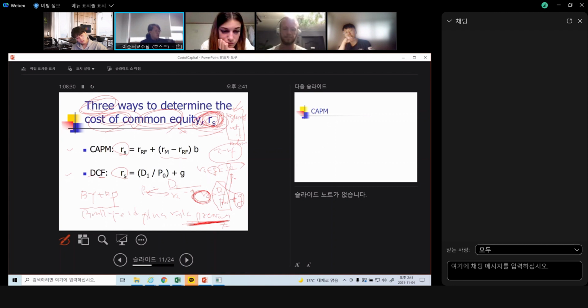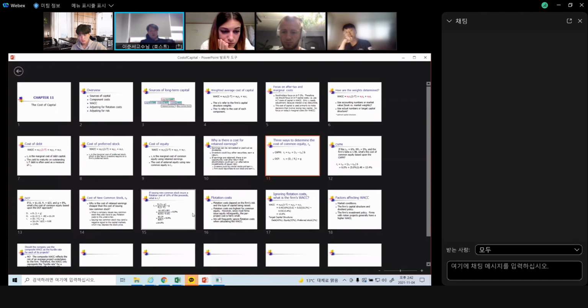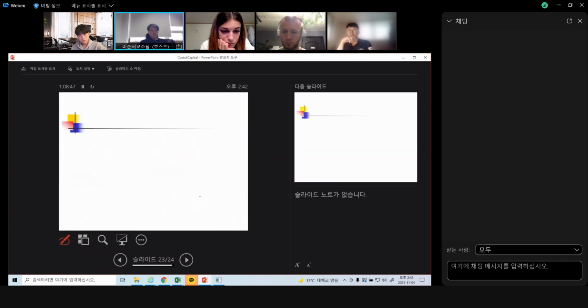In other words, which resource has the higher cost, cost of debt or cost of common equity? Let's compare stock with bond. Which one is higher return? Stock is higher return, right? Generally, we say stock has higher return and higher risk than bond.